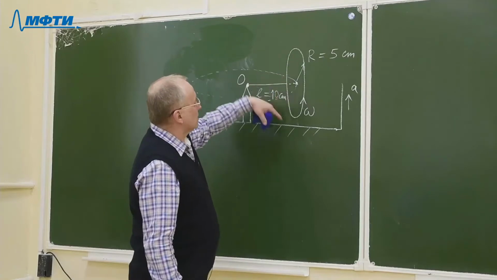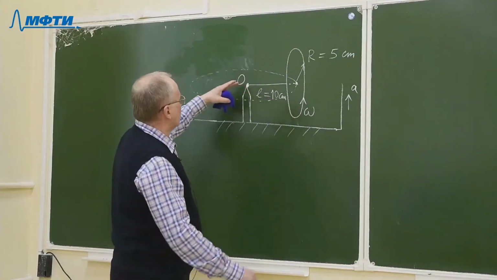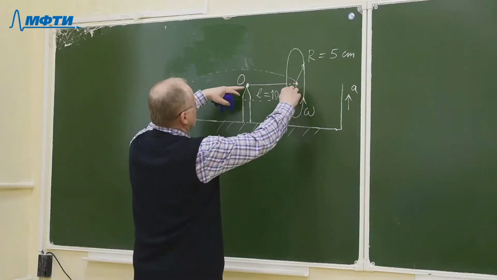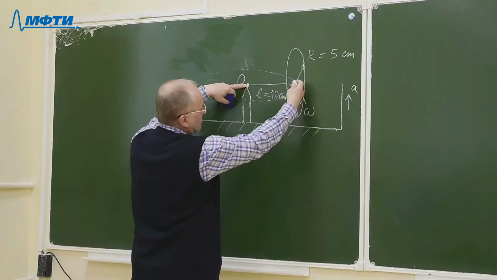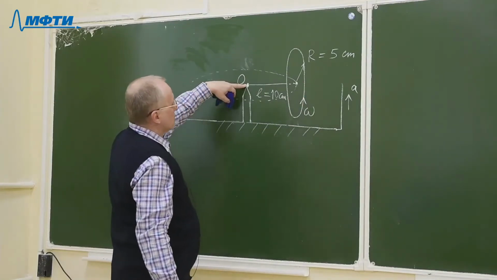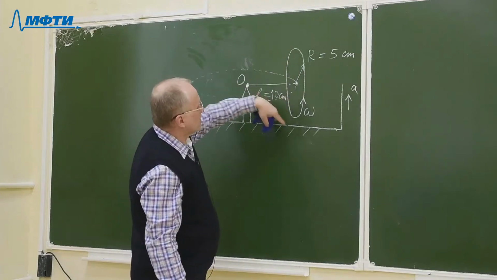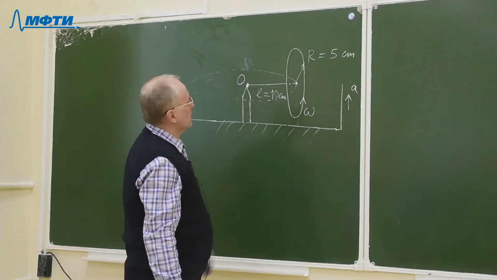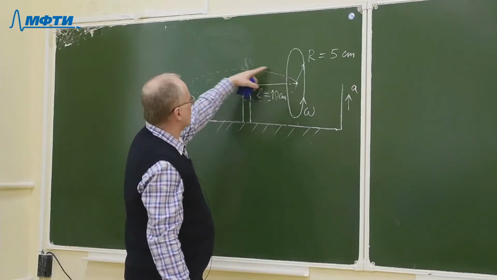If it was not rotating at some angular velocity, then such a construction would simply go down under the influence of gravity. It will just fall down on the floor. But if the gyroscope is rotating at very high frequency, then there will be the phenomenon which is called precession.